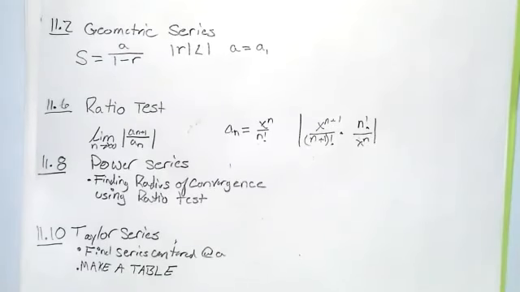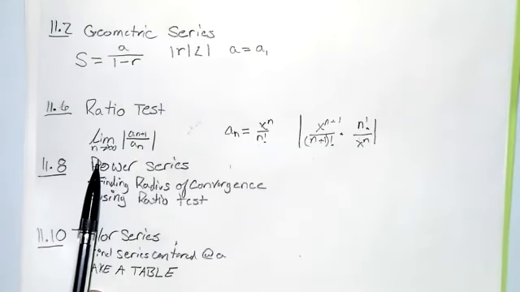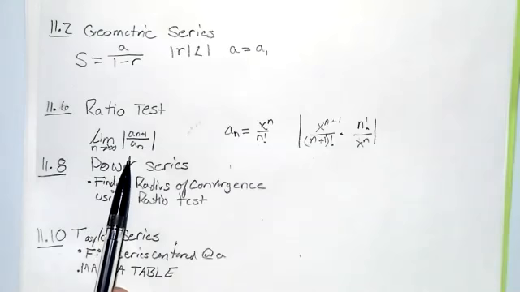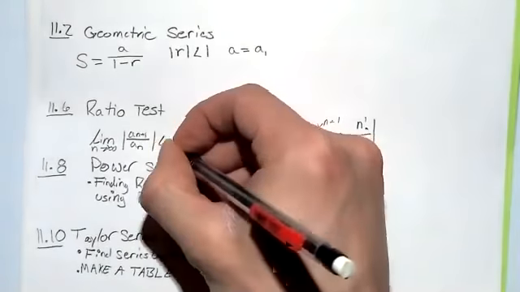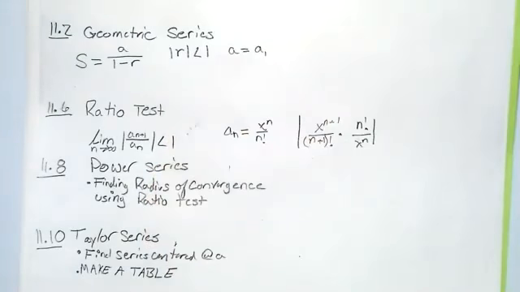And from this, we're looking to find a radius of convergence. A lot of times you use ratio tests, every once in a while you use geometric series. I would focus more on ratio tests. So in this case, we would take this limit as n approaches infinity, and we would get it in terms of x, and that always has to be less than 1. Then we would solve for x, and that would give us our radius of convergence.